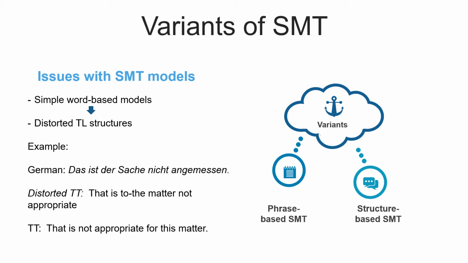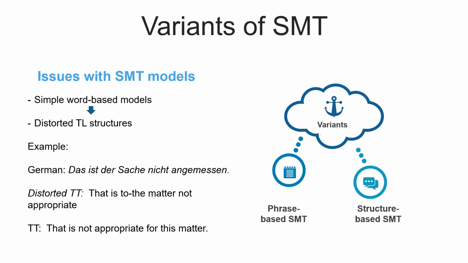We can see here in the example of the translation from German to English that the translation led to a distorted target text structure. The translation of the sentence in German is "that is to the matter not appropriate." And this is a distorted English structure, while the target text should be "that is not appropriate for this matter."